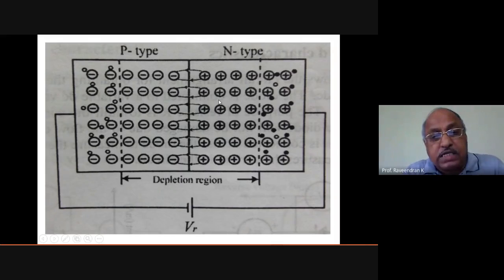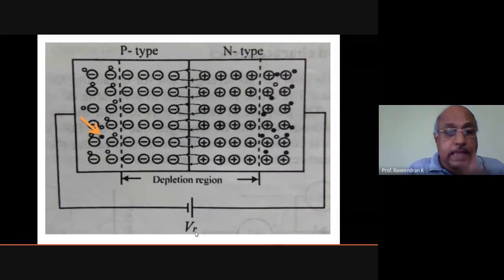If the reverse voltage is more than this PIV, the peak inverse voltage, it will cause the junction to break down, and that will damage the PN junction. So in a reverse biased condition, the reverse voltage you apply should always be less than the peak inverse voltage of the diode. The peak inverse voltage is a very important specification of a diode. I will tell you more about that.